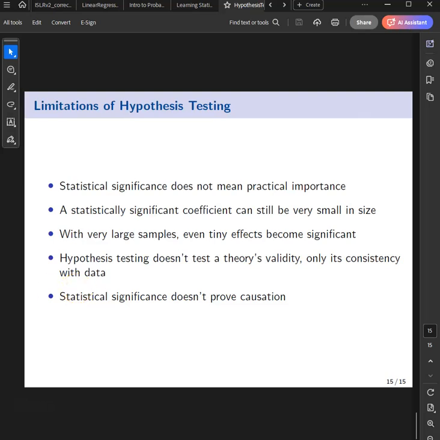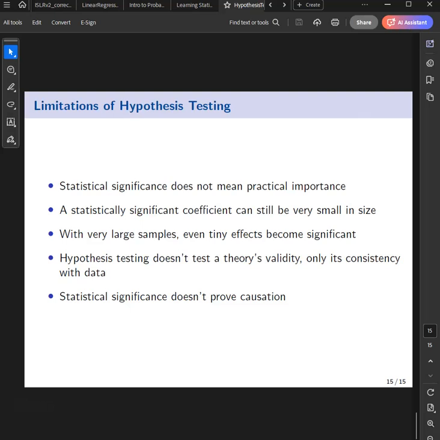So before we conclude, we must acknowledge some important limitations of hypothesis testing. Statistical significance does not necessarily mean practical importance. A coefficient can be statistically significant but still be too small to matter in the real world.